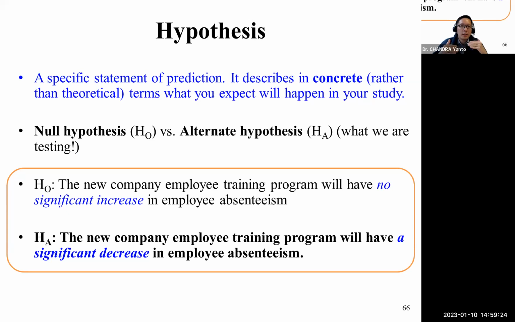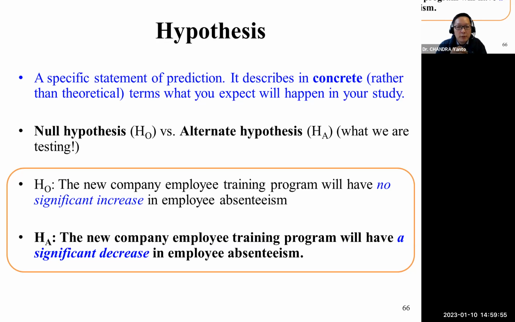So a hypothesis is a statement, a prediction about something, right? It is something concrete that you expect will happen in your research. When people say, I have a hypothesis about why companies are very successful, or I have a hypothesis about why civil servants are delivering a great job in public service, these are what we call alternate hypotheses, the actual hypotheses that you are testing.